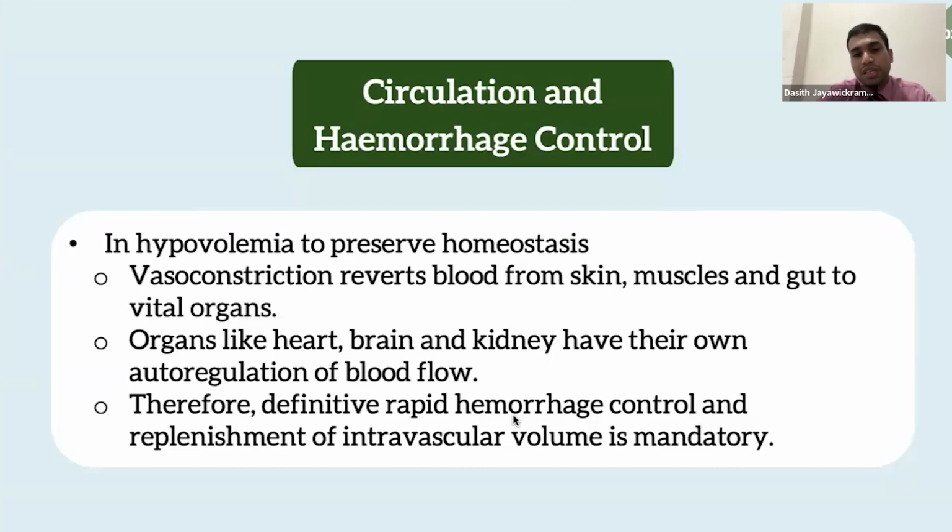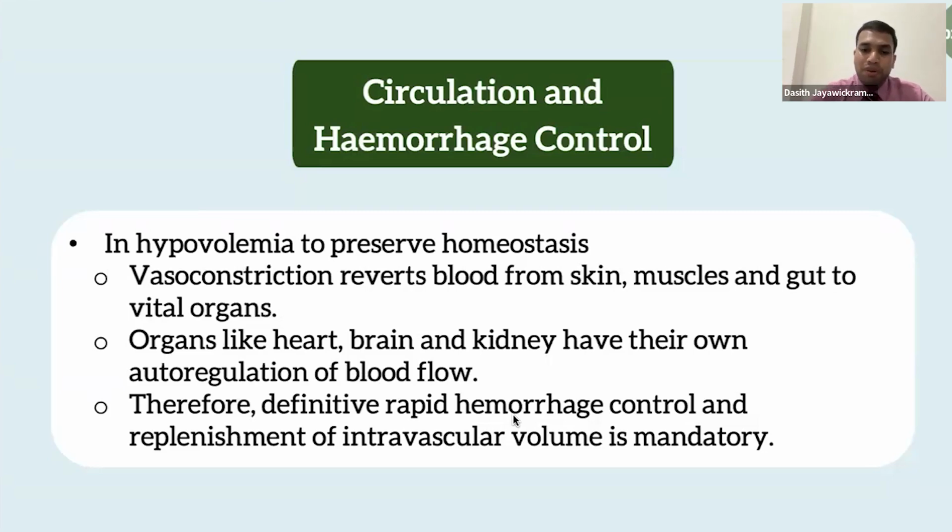Despite hypotension, the brain, kidney, and heart can keep their blood flow at a regular level up to a certain level. Therefore, these compensating methods have a limit. This can't go on, because the patient is bleeding out continuously and the body can't compensate continuously. There's a limit, and at that limit is decompensation.